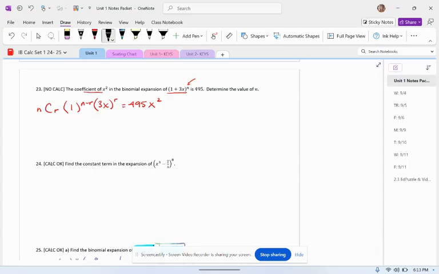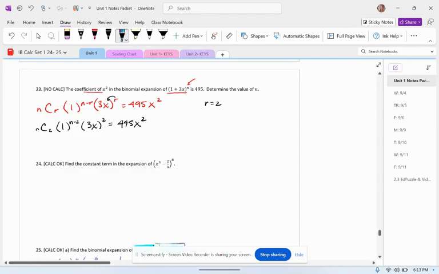The exponent, just right here, r. So let's use that to figure out r is 2. So I now have n choose 2, and then 1 to the n minus 2 times (3x) to the 2 is equal to 495x squared.